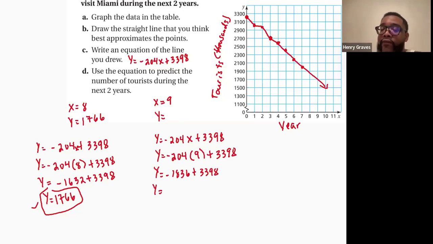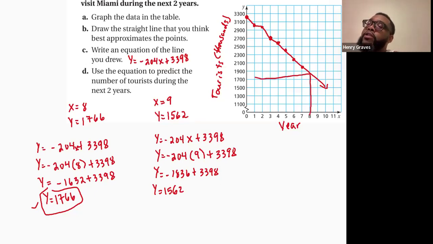Now, if you look at the graph, this makes sense, because when x is at 8 and then x is at 9, it's somewhere around here, right? So it's getting smaller and smaller. So we know we're on the right track. So those are my answers.